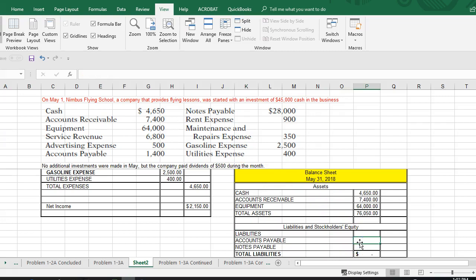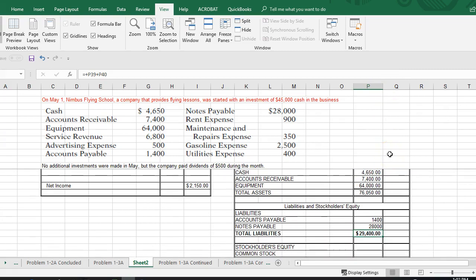The accounts payable total $1,400. Notes payable total $28,000. Get a total of your liabilities. They total $29,400. Each category on the balance sheet must have a total for your assets, a total for your liabilities.